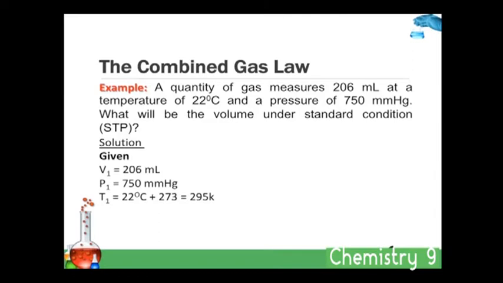We have to change it into Kelvin. We're also given pressure 2 and temperature 2 because we know the standard temperature and pressure. We want to know the second volume.